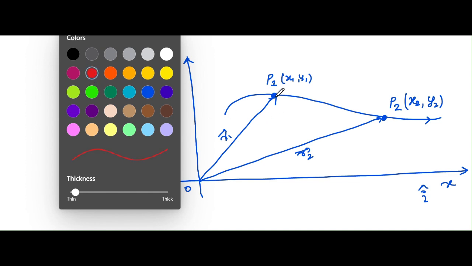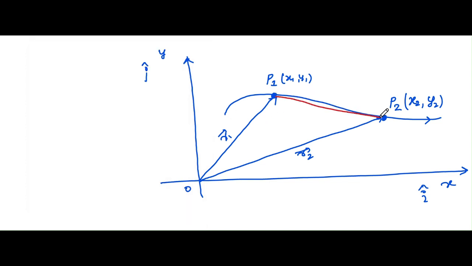So if we are drawing a vector from point P1 to P2, and let's say this is delta r, then delta r is displacement vector, and this displacement vector is given as r2 vector minus r1 vector.